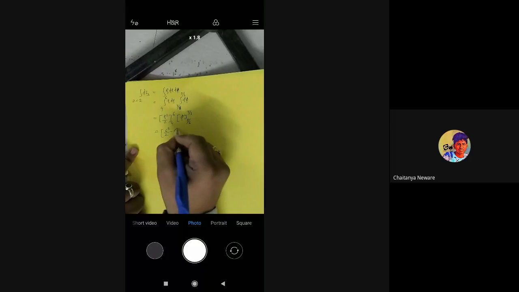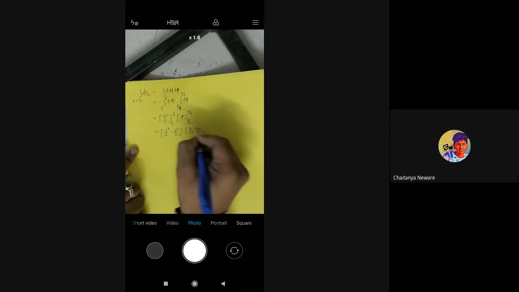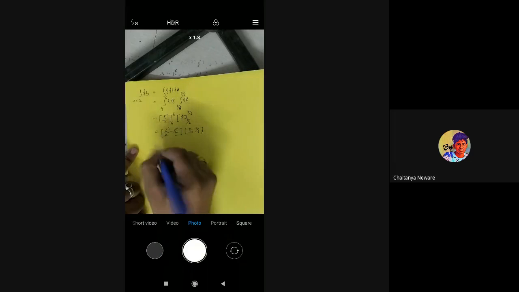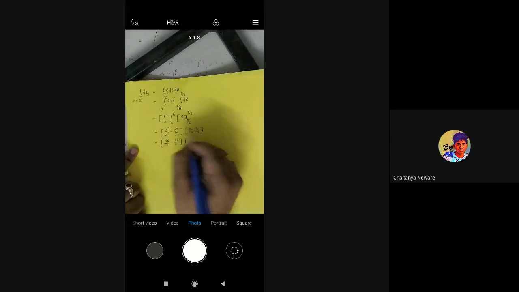So here put the limits: 6 square by 2 minus 4 square by 2, into pi by 3 minus pi by 6. So here 36 by 2 minus 16 by 2, and here pi by 6.